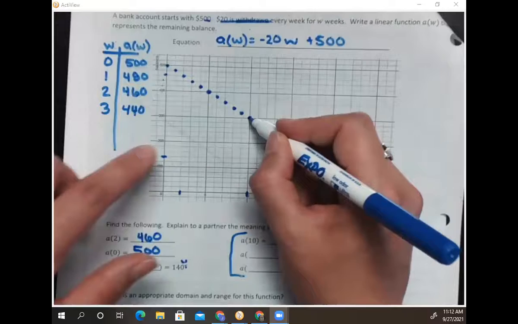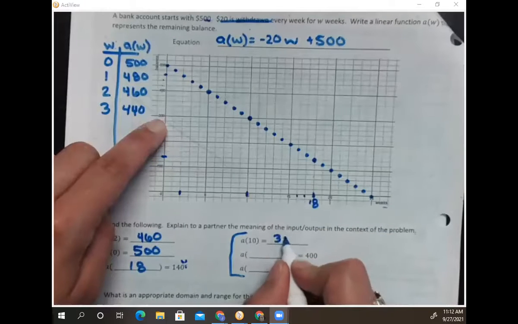Follow that to the point on our graph, and we find our y value is 300.